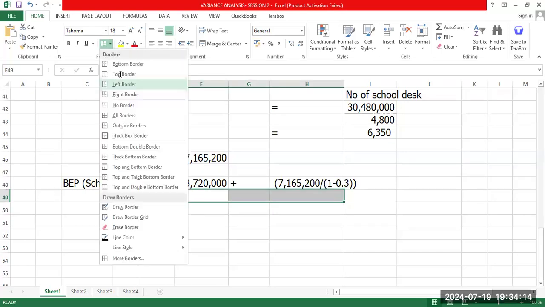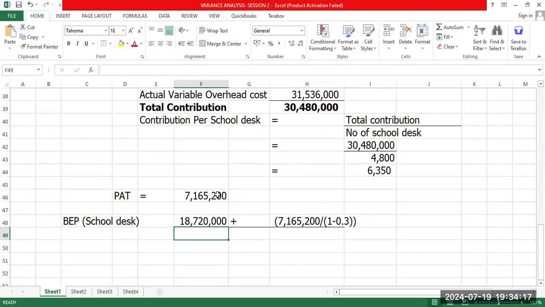After everything, you divide by the contribution per unit, which is 6,350. What do you get?